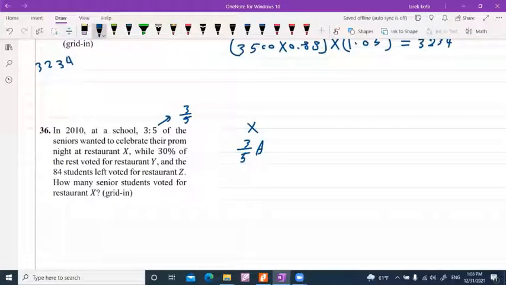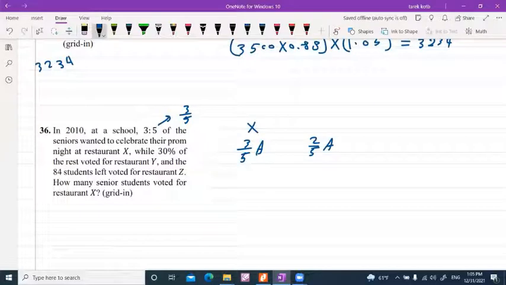Okay? So still 2/5 of the seniors, while 30% of the rest voted for restaurant Y. 30% of the rest means 30% of the 2/5.